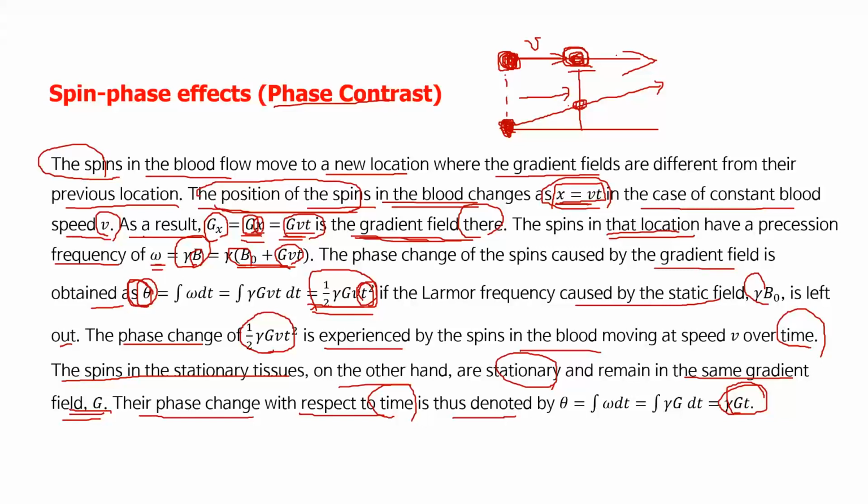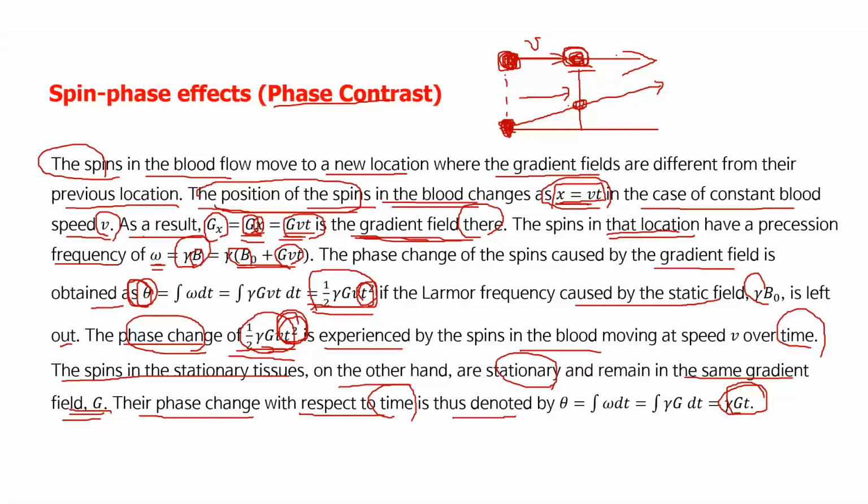The phase change of the blood with the speed v is given by this relation. So the phase change depends on t square.